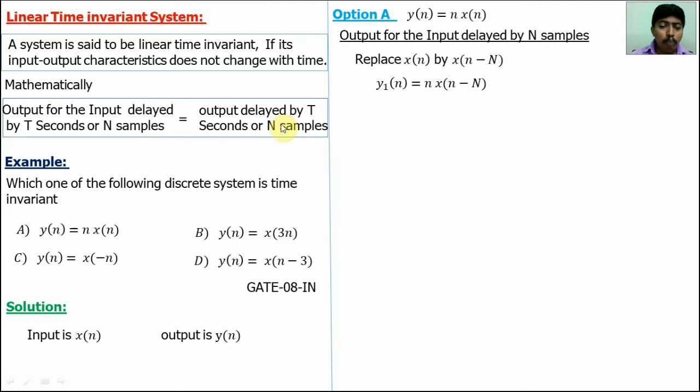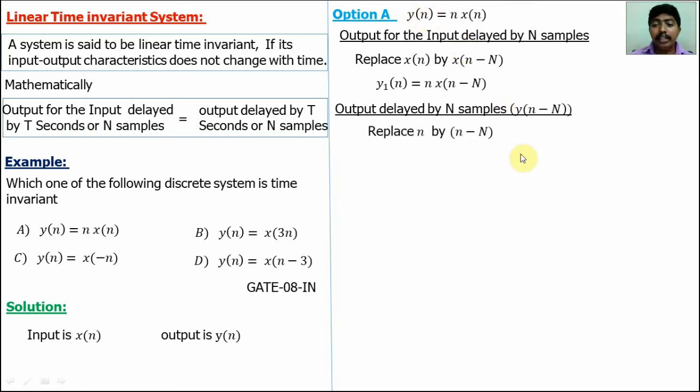Second, find the output delayed by n samples. This is the output y of n. The output delayed by n samples means y of n minus n. So replace n by n minus n. We will get the output delayed by n samples. Substitute here, so we get y of n minus n is equal to replace n by n minus n, n minus n into x of n minus n.